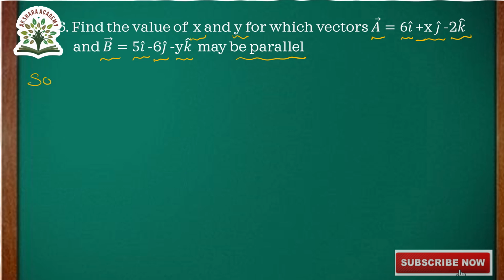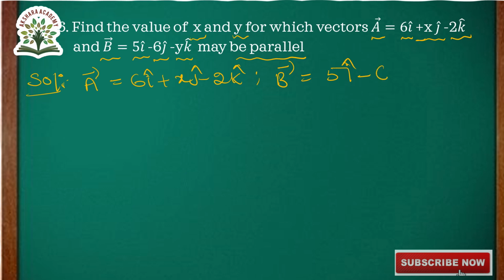Let us go to the solution. Here, given a bar is equal to 6i cap plus xj cap minus 2k cap, and b bar is given as 5i cap minus 6j cap minus yk cap. Now these two are parallel.